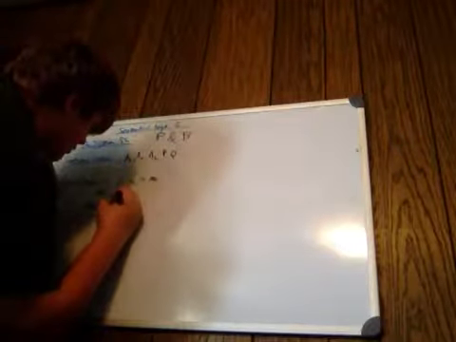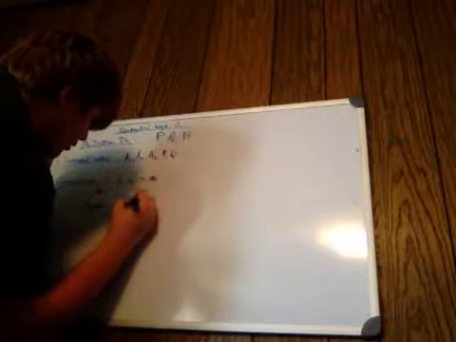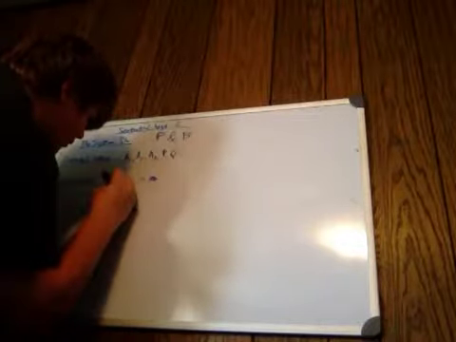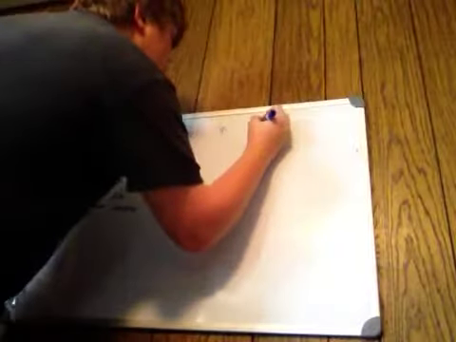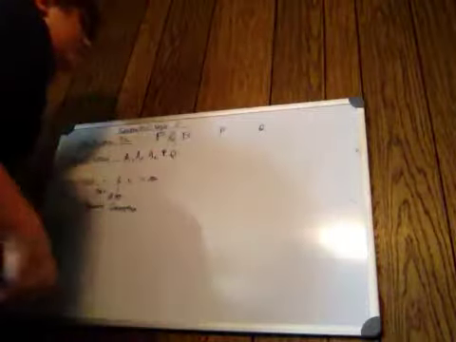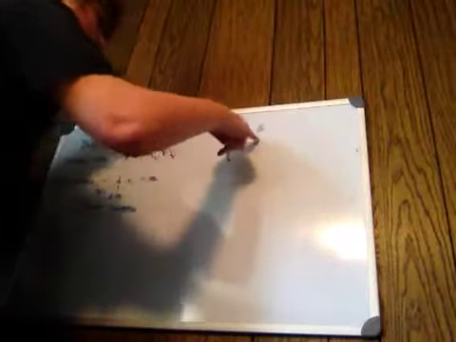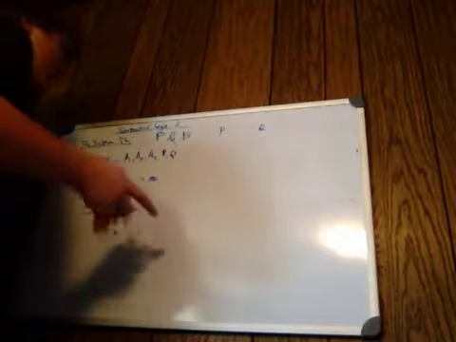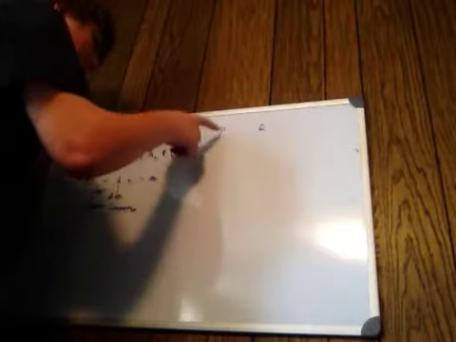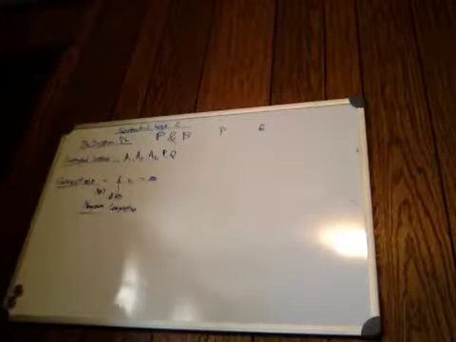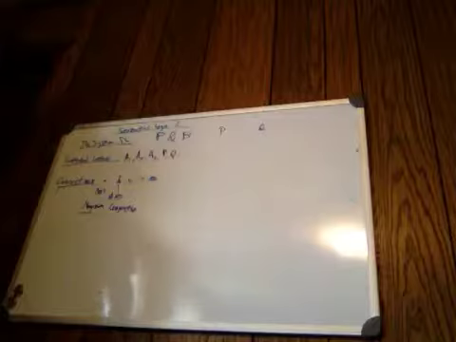Next we have conjunction, or and. Let's say we have Bob is going to the movies, Sue is going to the movies. So the fact that Bob is going to the movies is expressed by P. The fact that Sue is going to the movies is expressed by Q. Let's say we want to say that both Bob and Sue are going to the movies.